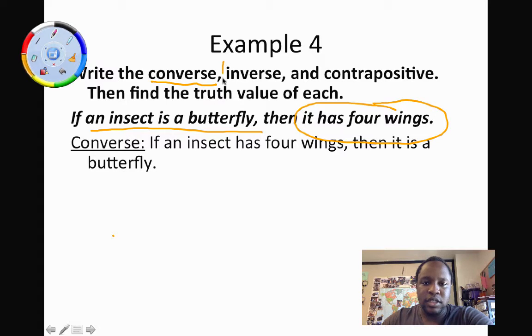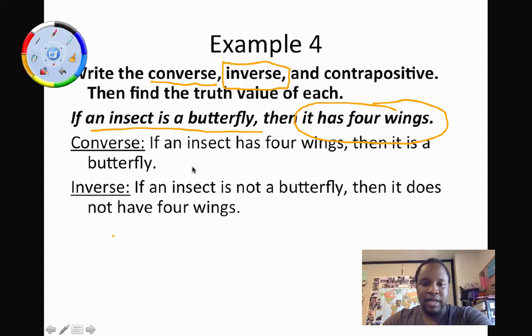Now the inverse is when we negate. Inverse is negate, just like inverse operations kind of are opposite of each other. Opposite is like not. So it would be if an insect is not a butterfly, then it does not have 4 wings. So the key things here are not and not.